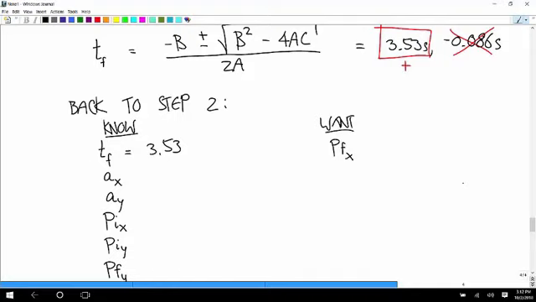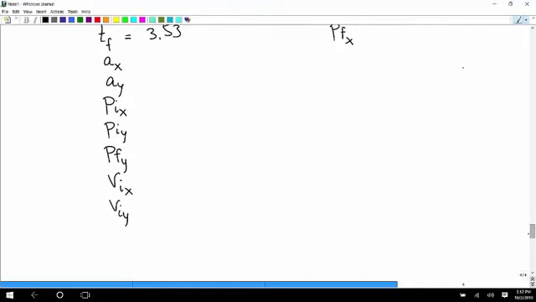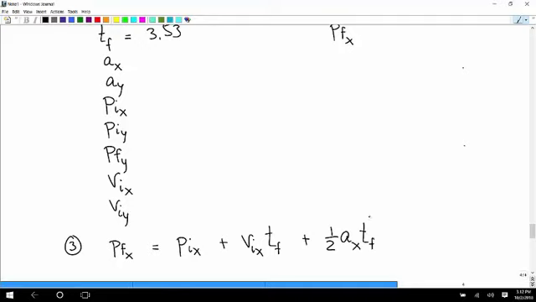And so now look again to see if there's an equation that works. And this time, now that we know TF, this one will work. PFX is equal to PIX plus VIX TF plus 1/2 AX TF squared.